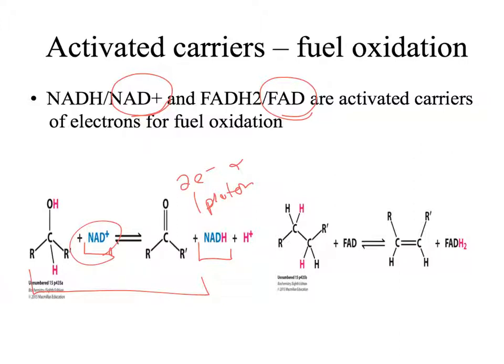Then we have FAD, which becomes FADH2, and in order to do so, it picks up two electrons and two protons. So these are the two activated carriers of electrons that we're looking at in terms of fuel oxidation.